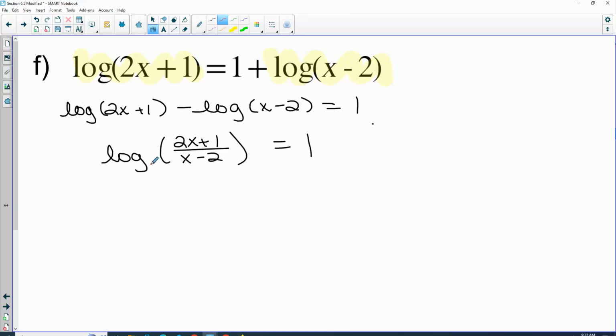Properties of logs. This base is a 10. So if we change this into exponential form, we get 10 to the first power equals 2x plus 1 over x minus 2.